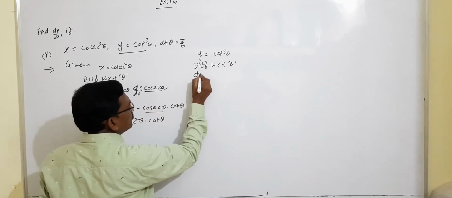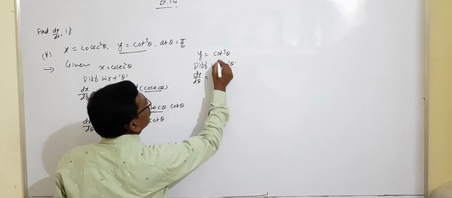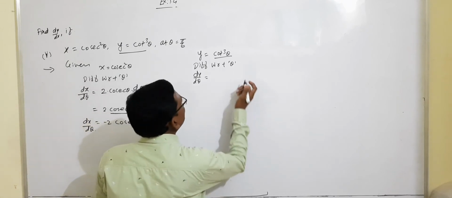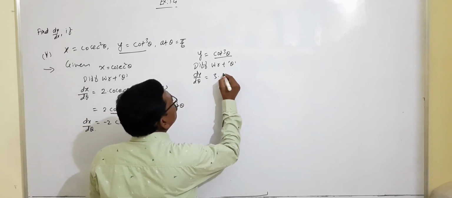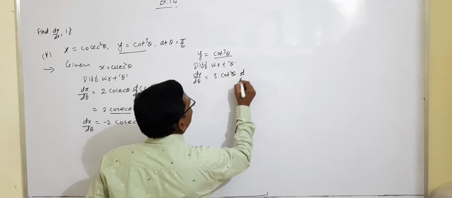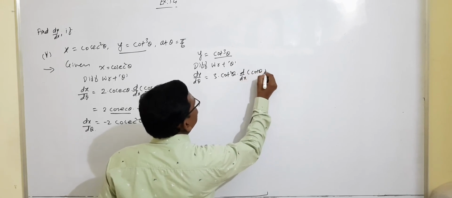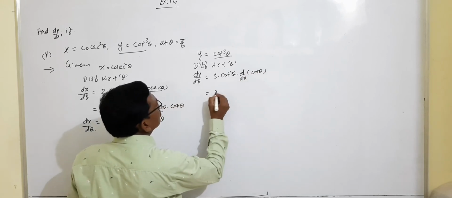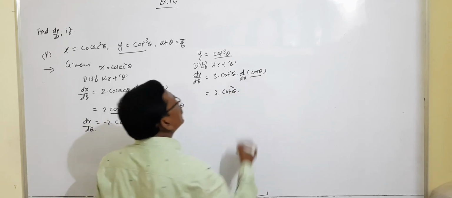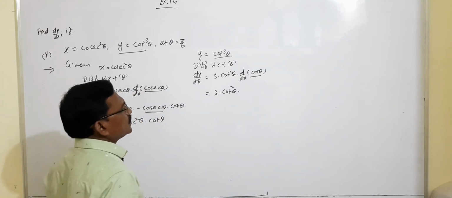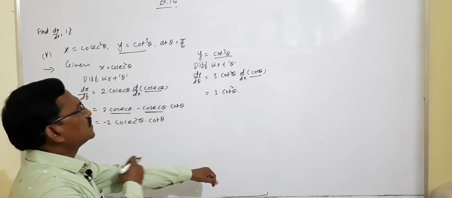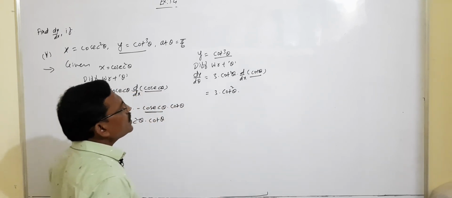So derivative of y with respect to theta is dy by d theta, and derivative of cot cube theta, by using derivative of x raised to n, is 3 into cot square theta, 3 minus 1 is 2, into, by chain rule, derivative of cot theta, which is minus cosec square theta.